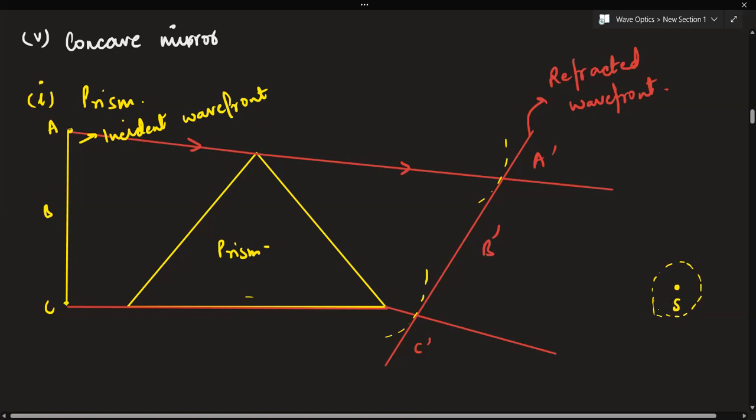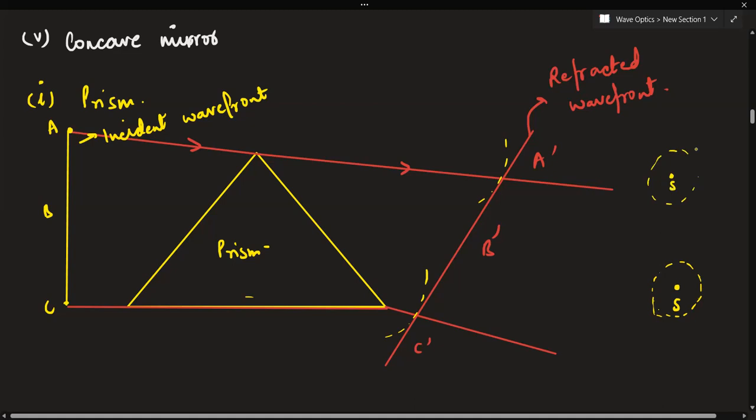Now see, in case of this, if this is a source of light, a very broad and very large sphere will be drawn, which is not possible to draw for every question or every part. So in order to make the derivations and the questions concise, precise and easier to understand, we usually write just the curve. So actually it's a part of the sphere only, of the spherical wavefront only.